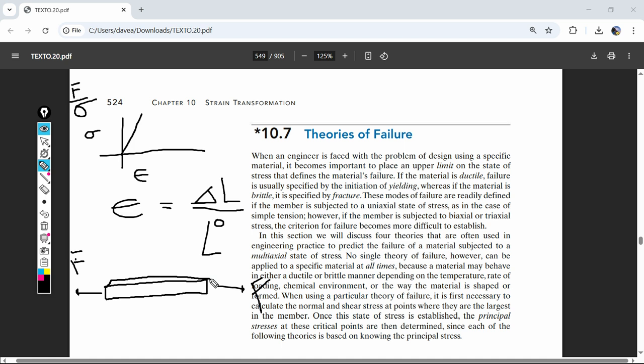This is three-dimensional, and that's going to be our cross-sectional area. You get the same representation as pressure: a force acting on an area.